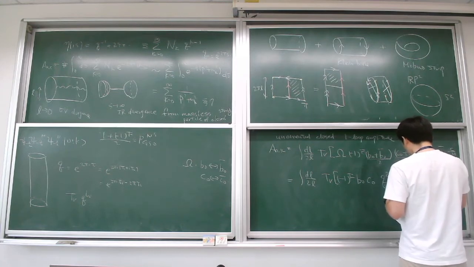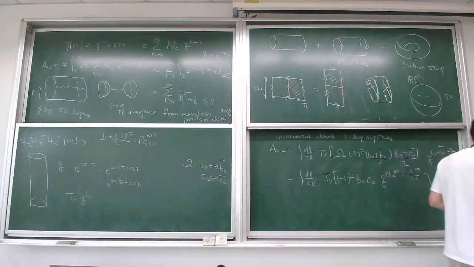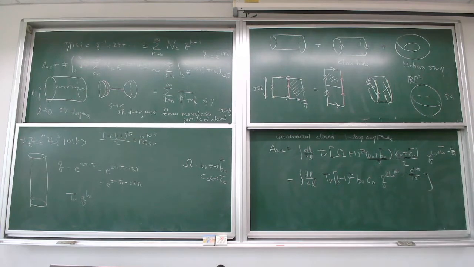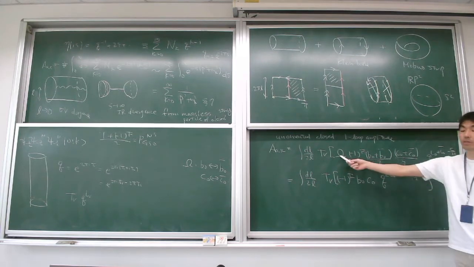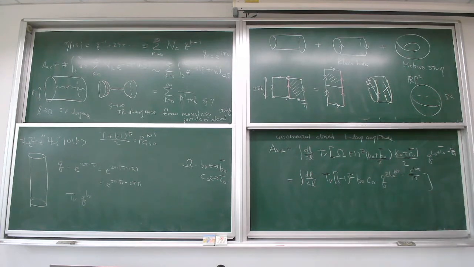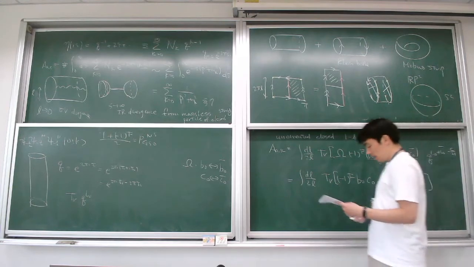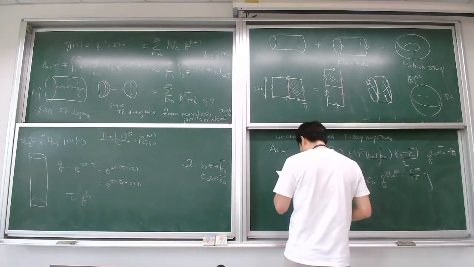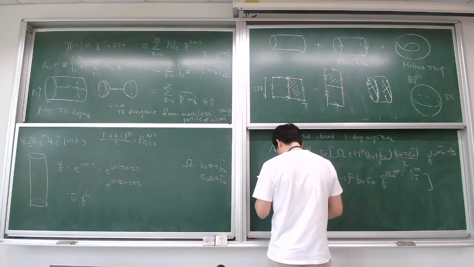So you can just identify B0 and B0 bar by using orientifold projection. So that's what we are going to evaluate, and it's the same computation we have done before.